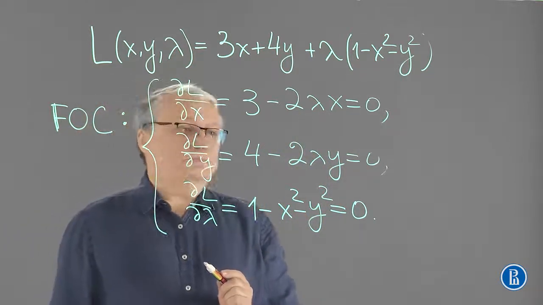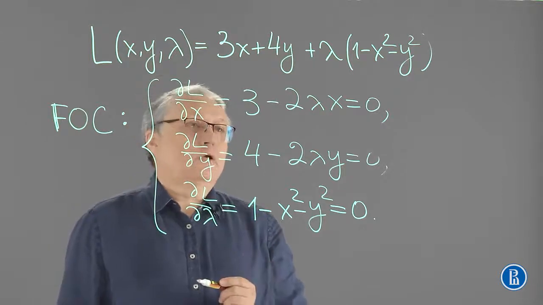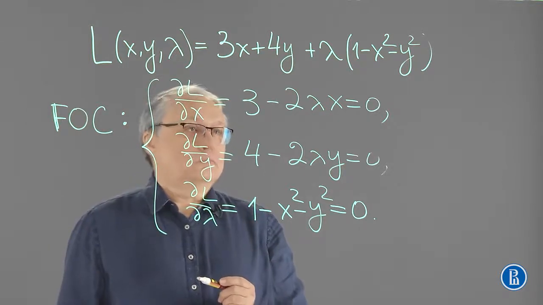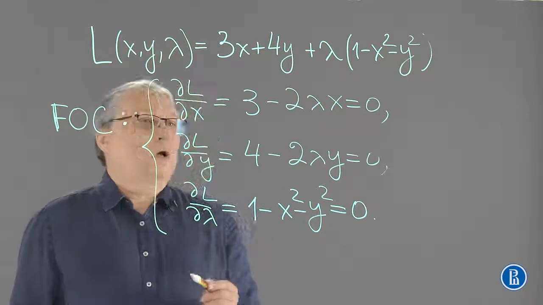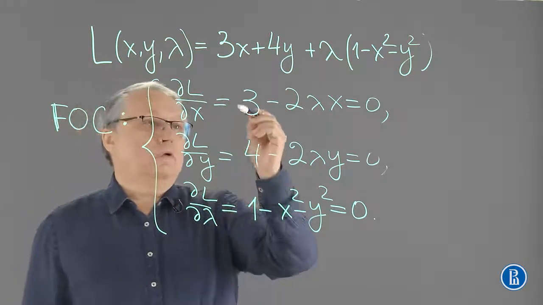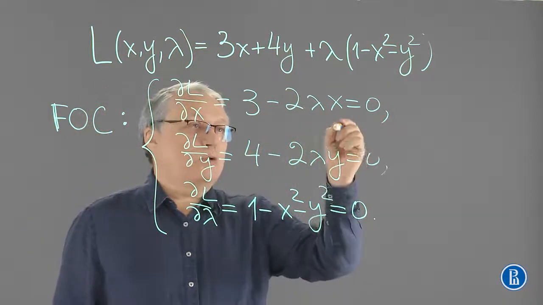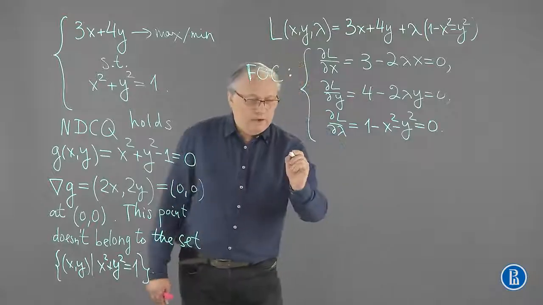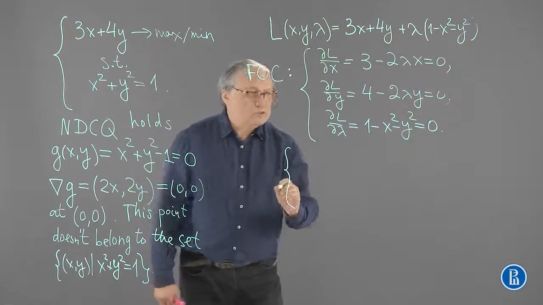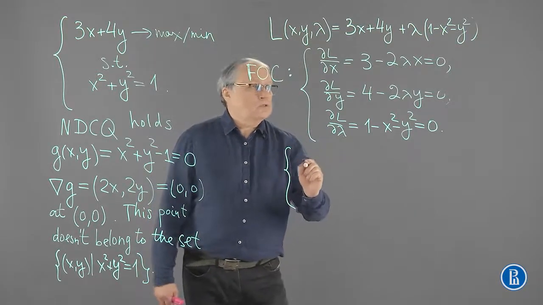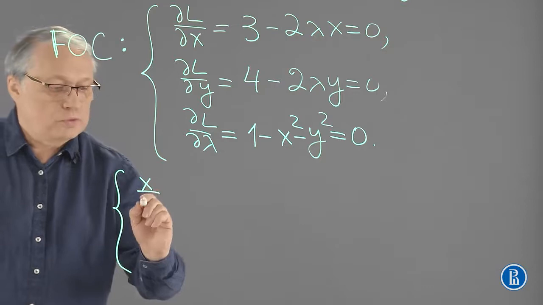After that, having in mind that lambda is not 0, we divide left-hand sides by left-hand sides, right-hand sides by right-hand sides, and finally we get a smaller system consisting of two equations.